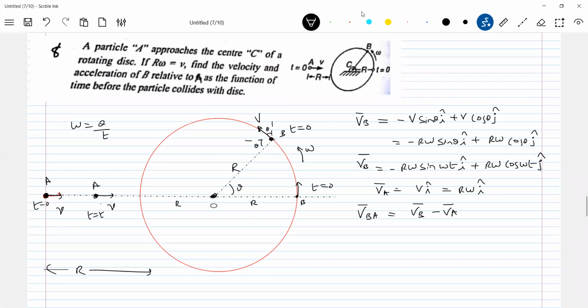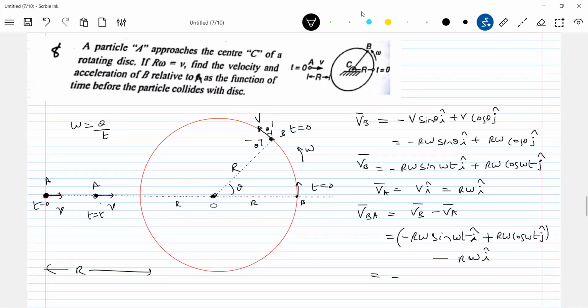You know that if a particle moves in a circular path, you know its angular position theta. Then with that, you can define the velocity vector. Got the idea, no? So we can compare anything. So VB bar minus VA bar should be equal to minus R omega sin omega t I cap minus R omega I cap.